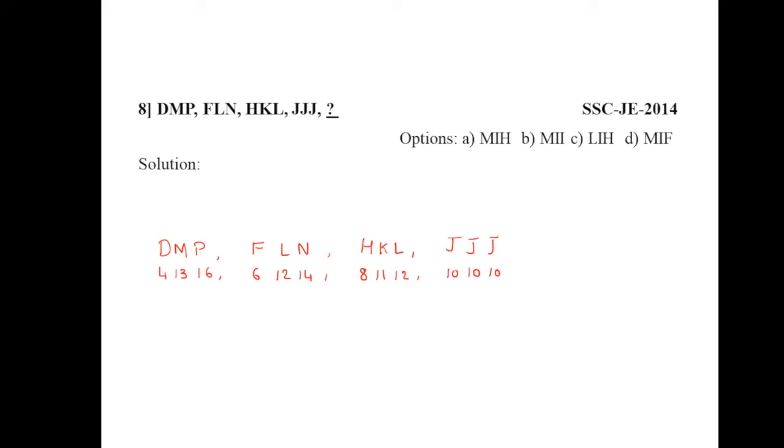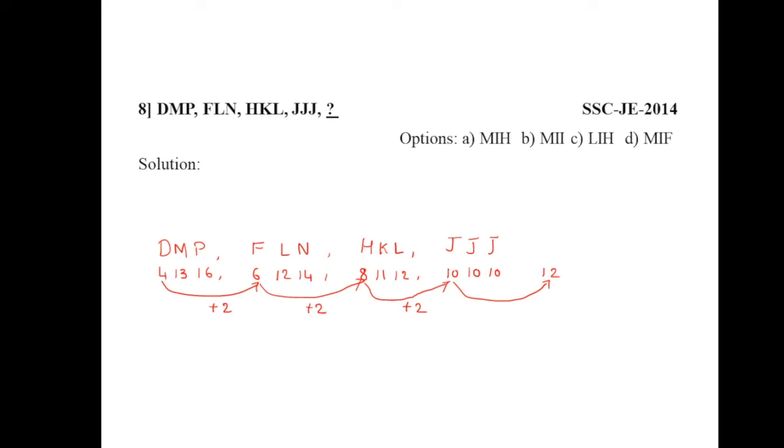Next, try to identify what is actually the link between the series. D is 4, D plus 2 becomes 6, again plus 2 becomes 8, that is D plus 2 becomes F, F plus 2 becomes H, and plus 2 is 10. So the first one should be the number 12, right?